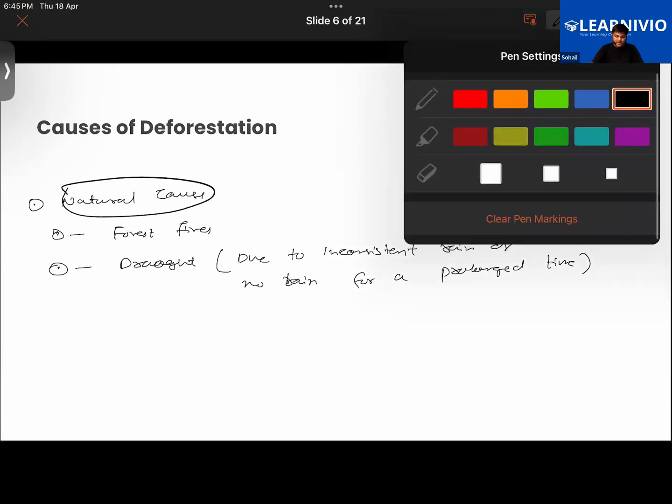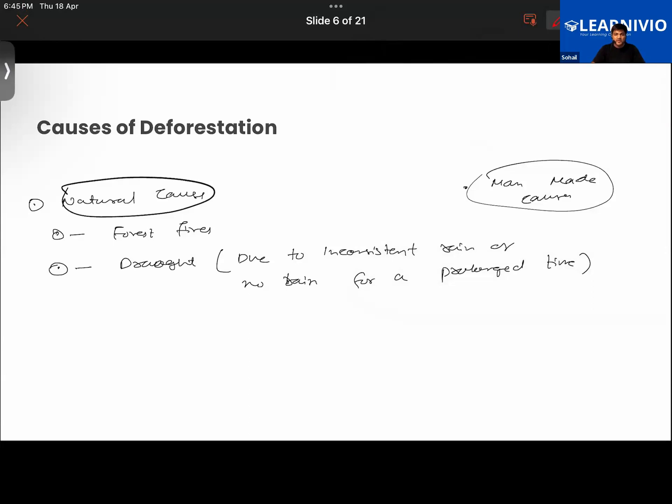So, guys, we were talking about deforestation. Forests have a great variety of living organisms like plants and animals existing right now. So, there's a huge biodiversity found in the forest. When the forest is being cut down, the habitat of the wildlife is lost.